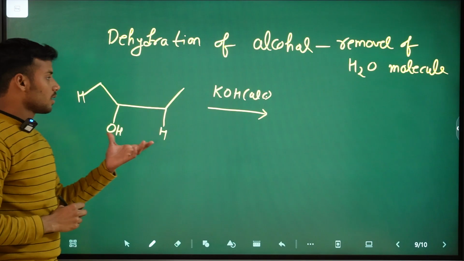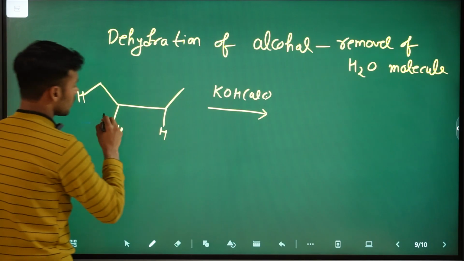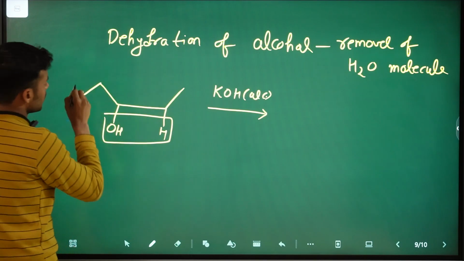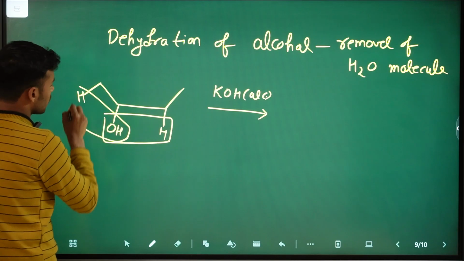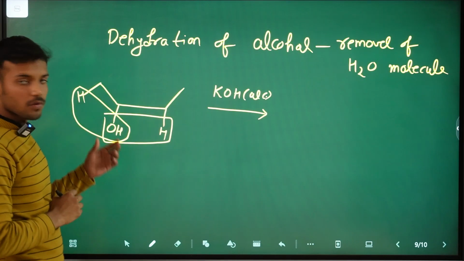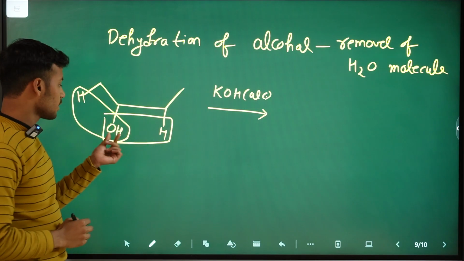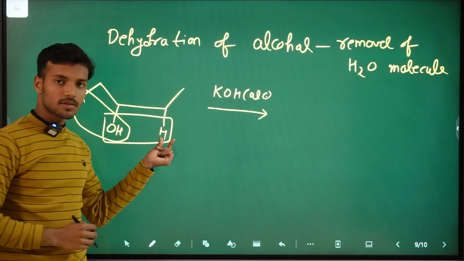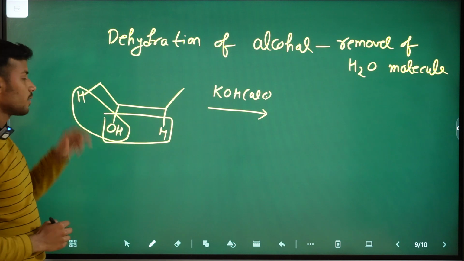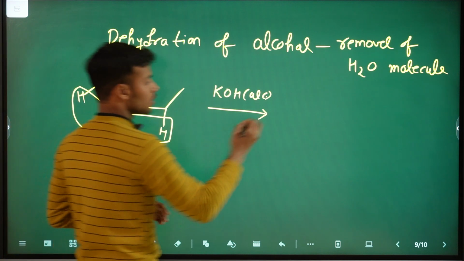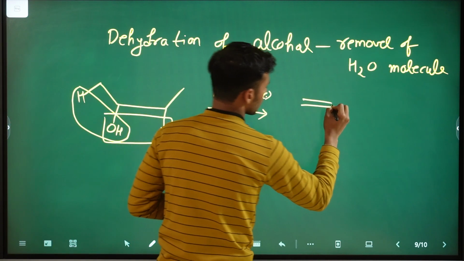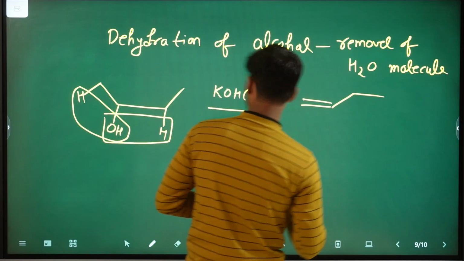So here we can see that there are two possibilities for removal of water. This OH can combine with this hydrogen or can also combine with this hydrogen. So two possible products can be formed.